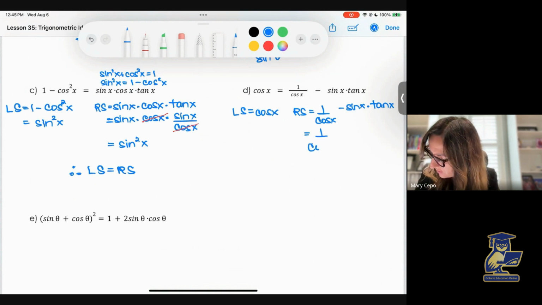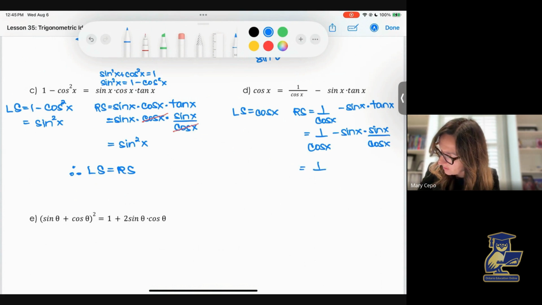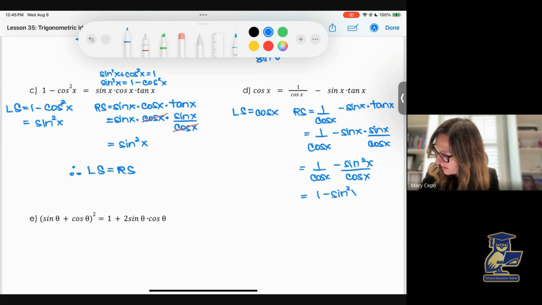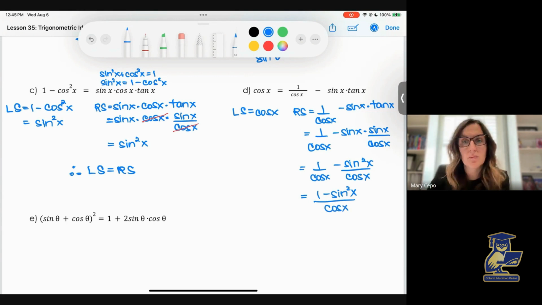We're working on the right side. We have 1 over cos of x minus sine of x. We know tan is sine of x over cos of x. So simplifying would be 1 over cos of x minus sine squared x over cos of x. So 1 minus sine squared x over cos of x. Again, once you see a square, you know you're using Pythagorean identities.